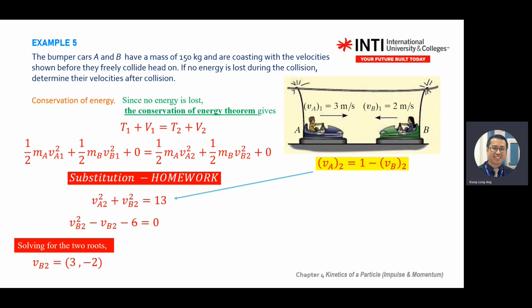If you substitute minus 2 in that equation, you get 0. You substitute here, you can find your VA. But if you substitute 3, you get VA as 2. If you substitute minus 2, you'll get 3. Makes sense. Okay.